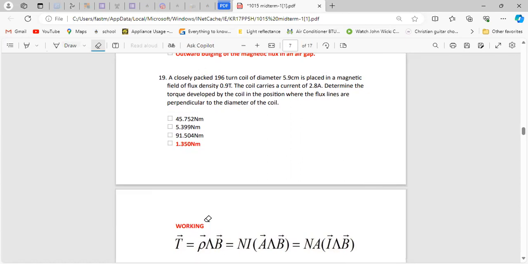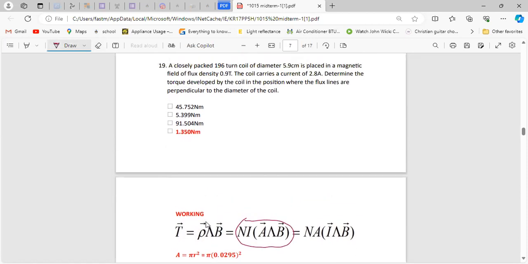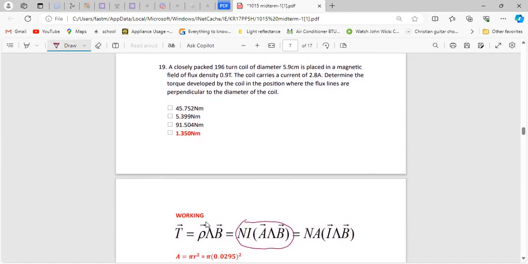For the calculation, you're just using this equation here. T is equal to NIAB. They already give you your N, they give you the diameter, so you can find A because it's a circle. You can find A with pi r squared.